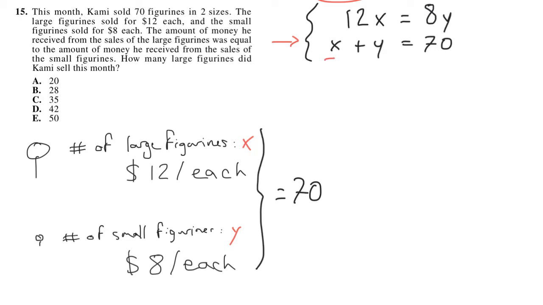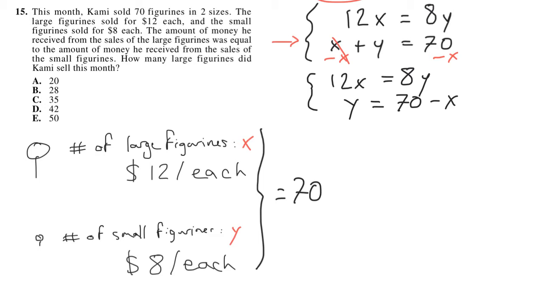I'm going to subtract x from both sides of the equation. That cancels that out. If we rewrite our system of linear equations, that gives us 12x equals 8y on the top. Leave that the same. And then here we have y equals 70 minus x.